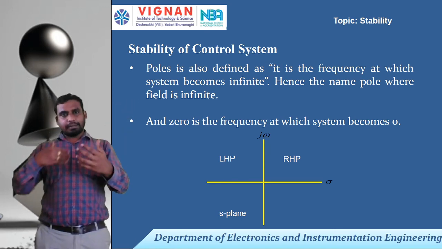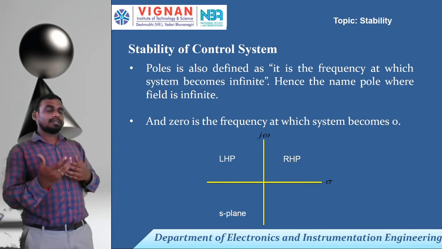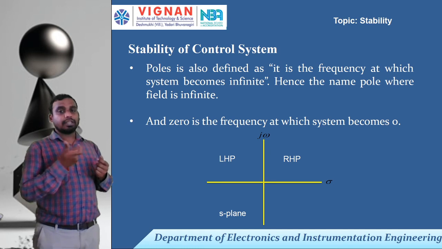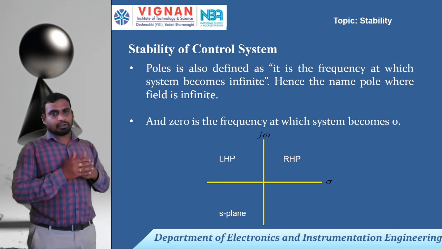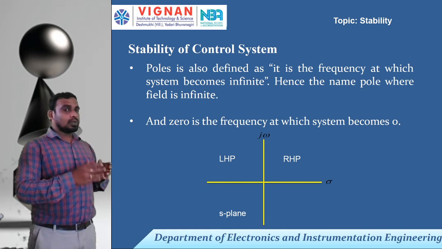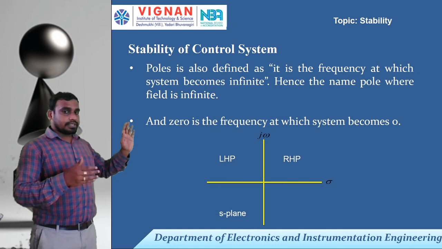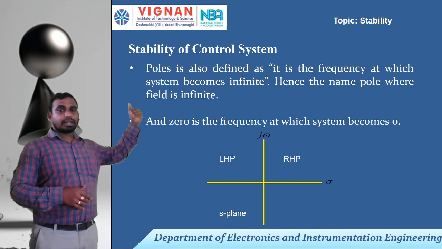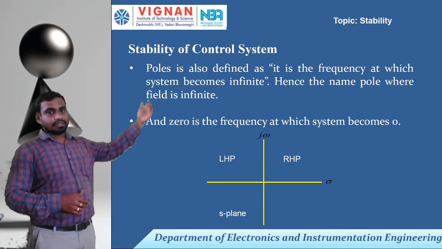Whatever the system, we can represent it in terms of a transfer function, and once we do, we can equate the denominator to 0 and find the roots. If the roots are positive, you place them on the right half of the S plane, that means the right hand side.